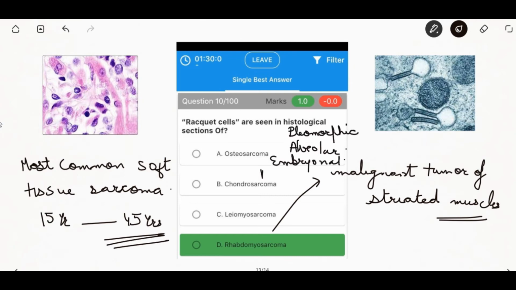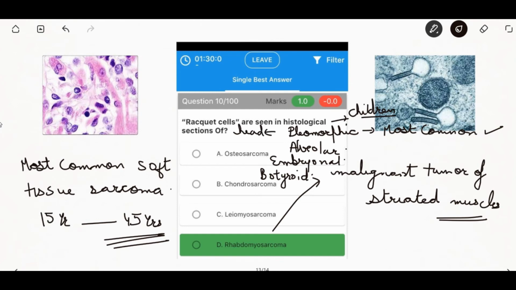The most common type is embryonal rhabdomyosarcoma. The subtype observed in children under 15 years is the embryonal rhabdomyosarcoma.